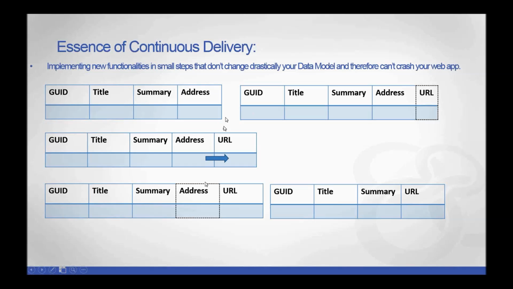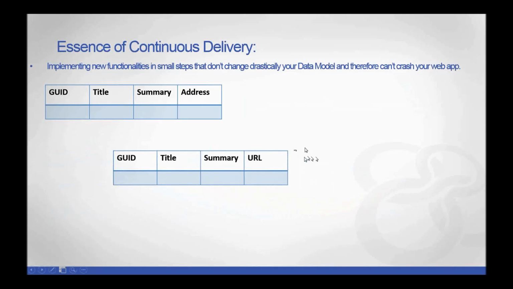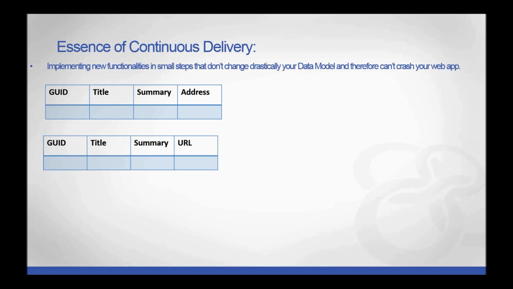You pass through all those steps, you test, and you make sure that the production environment is live and its operation does not get interrupted. At the end you have that end result: the address column was renamed to URL, and that did not interrupt the operation of your end project.